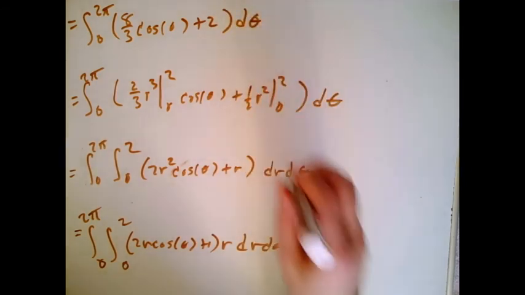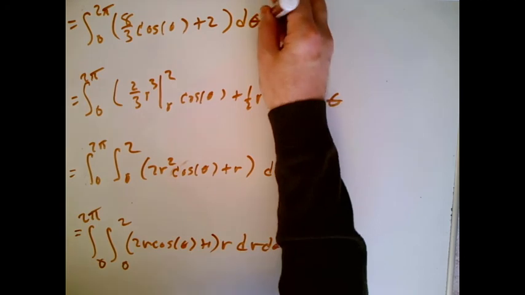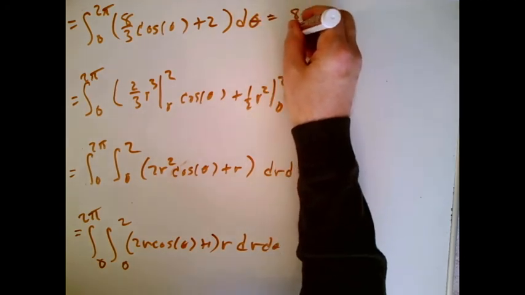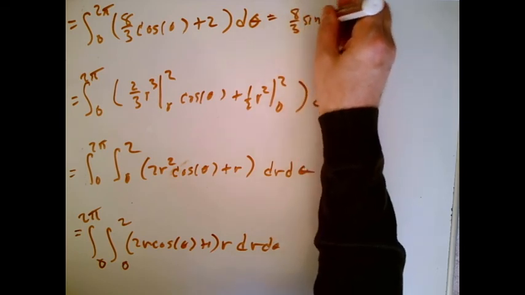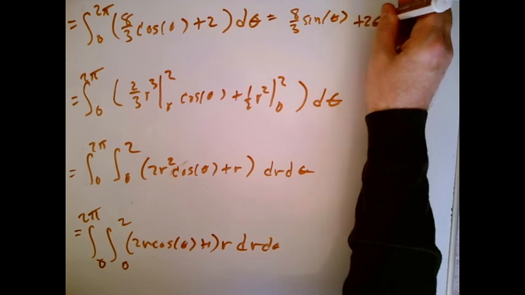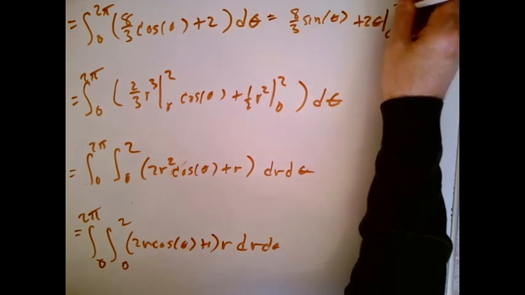Like that. And what we need to do is just finish that integral. All right, here we go. The antiderivative of 8/3 cosine theta is 8/3 sine theta, like this. And the antiderivative of 2 is just 2 theta. And I want to go from 0 to 2 pi.